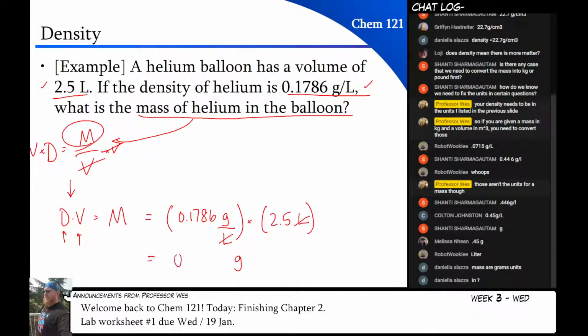I only get 2 sig figs because of this. 4.5 grams. Specifically, grams of helium. So with this equation, d equals m over v, you're going to have to manipulate the terms a little bit to try and get the answer.